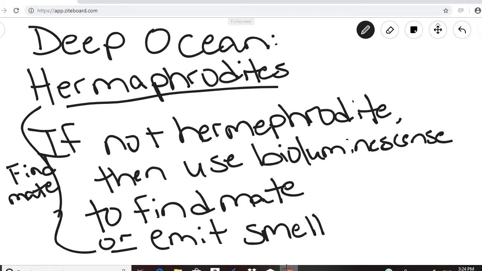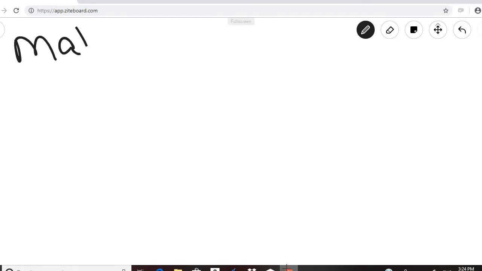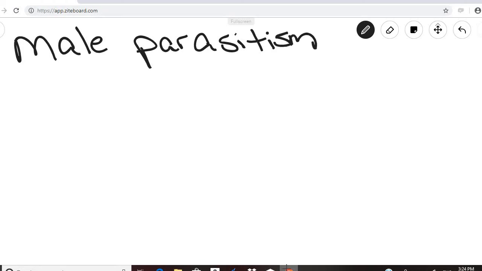One interesting thing that we see in these fish that live in the deep ocean is something that's called male parasitism. And there is a type of fish that is called an anglerfish.